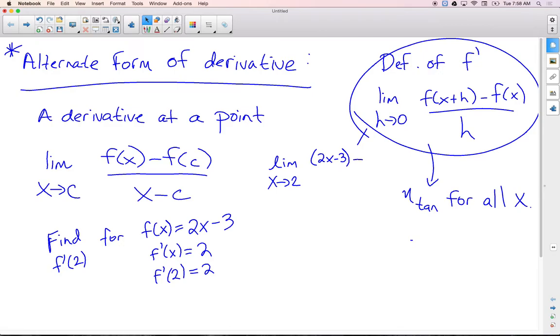Minus f of c. What's f of c? That'll be f of 2. So you got to plug 2 into the original. So that'll be 2 times 2 minus 3, which is going to be 4 minus 3, which is what? 1. Okay, so minus 1, over x minus 2. Just follow the formula.